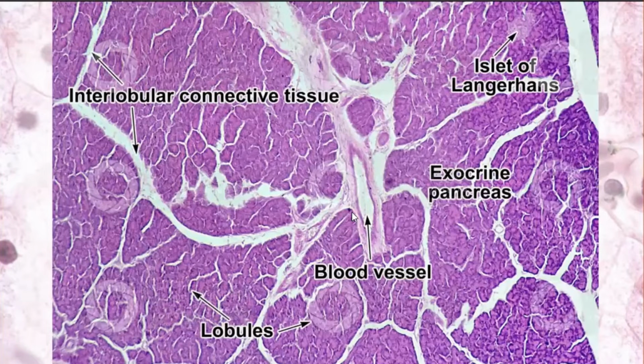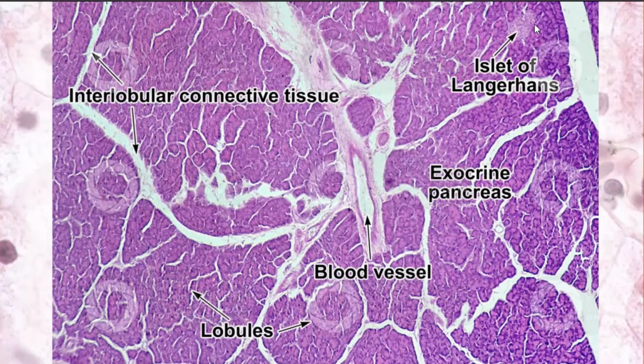Here we can see a microscopic slide of the pancreas. So here we can see lobules and interlobular connective tissue which separates them. Here we can see interlobular connective tissue with a blood vessel, and interlobular connective tissue may also contain ducts which collect secretory products from the lobules.